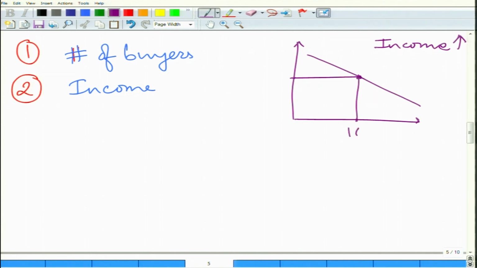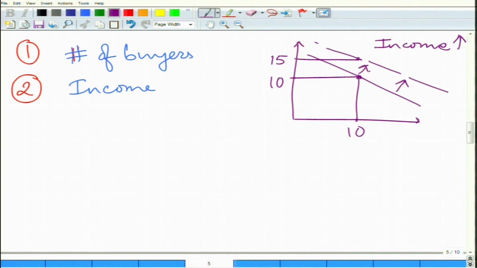If at 10 rupees of price I used to take 10 units of a particular commodity, say 10 apples in a month, now with my increase in income, I can probably afford 15 apples. Therefore, my demand curve will shift parallelly outwards.